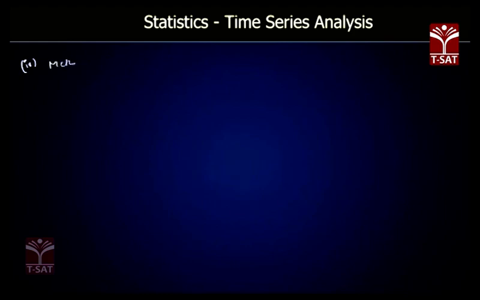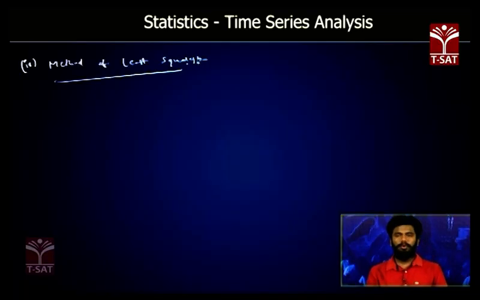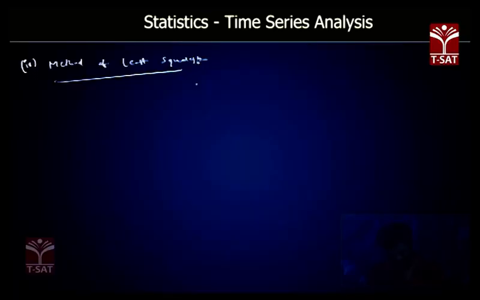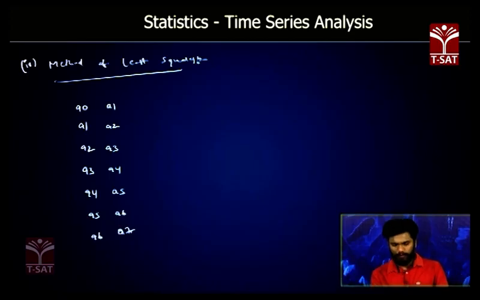Next, method of least squares. Let us consider the data points 90, 91, 92, 93, 94, 95 and 96, and points A1, A2, A3, A4, A5, A6 and A7 values.